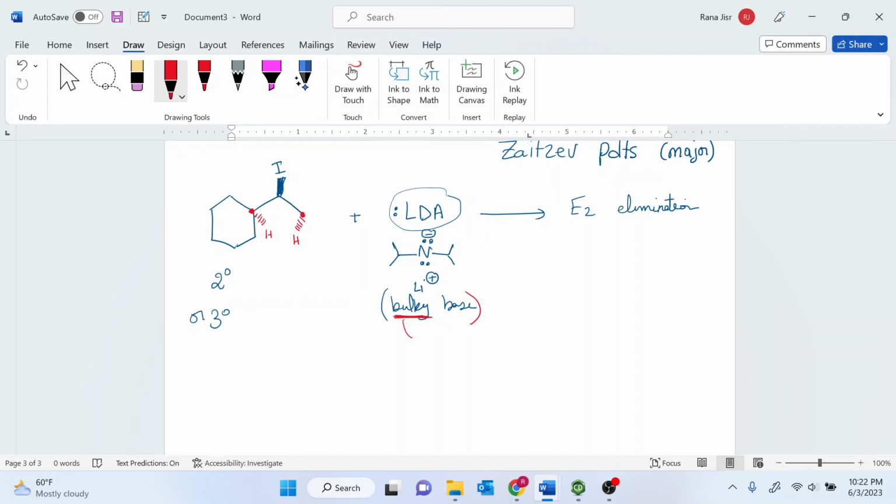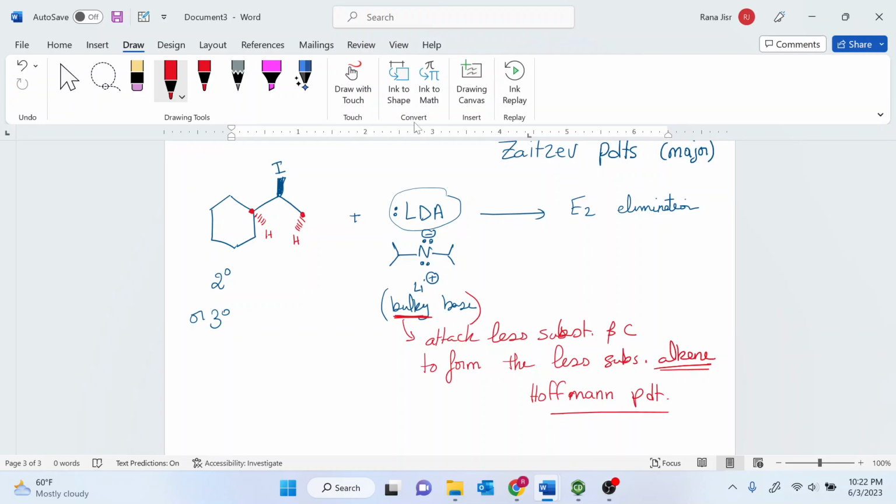So bulky bases always attack the less substituted beta carbon, in this case, to form the less substituted alkene. So the less substituted alkene in this case is going to be our Hofmann product.